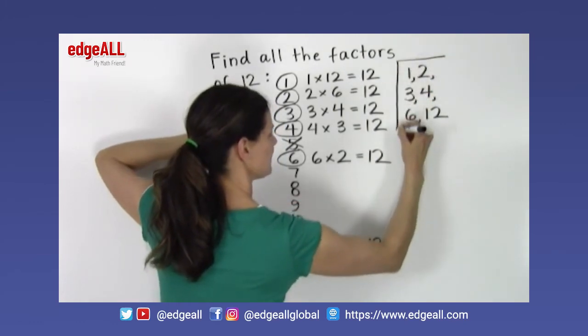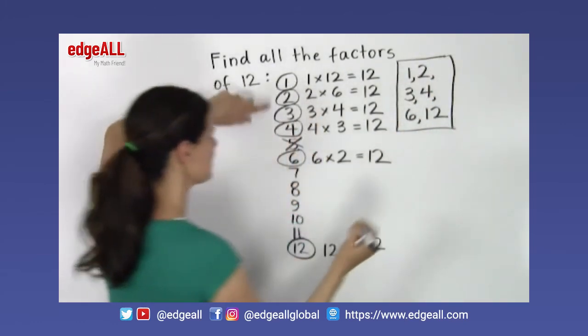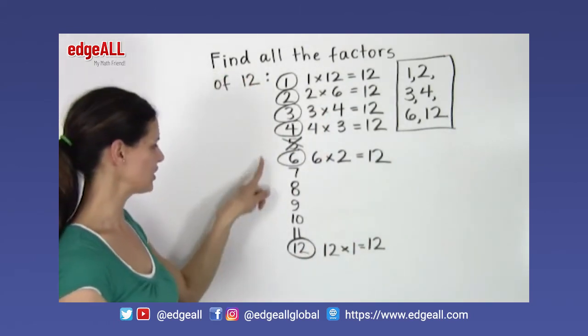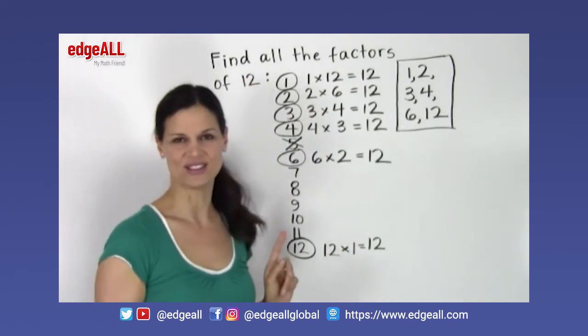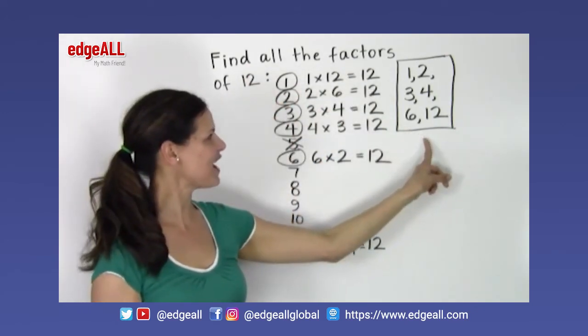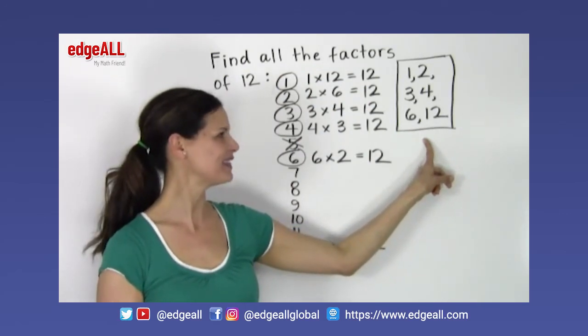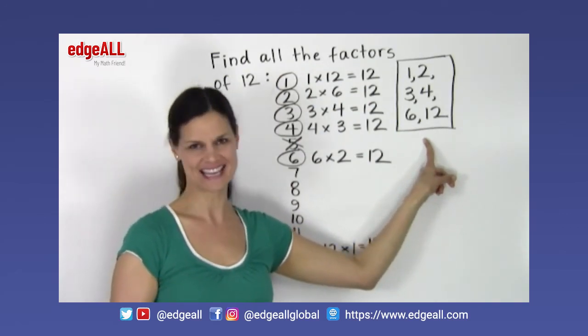Let's put a big square around those so that we can see that we then would list in order the numbers that we circled as the factors of 12. We have just found all the factors of 12: 1, 2, 3, 4, 6, and 12.